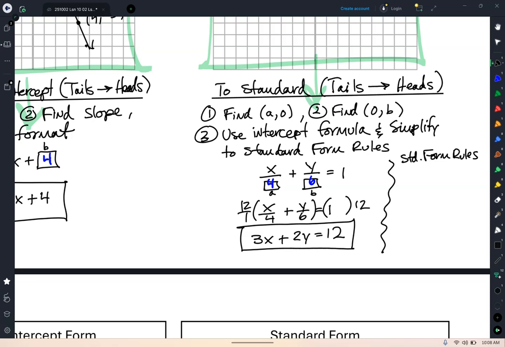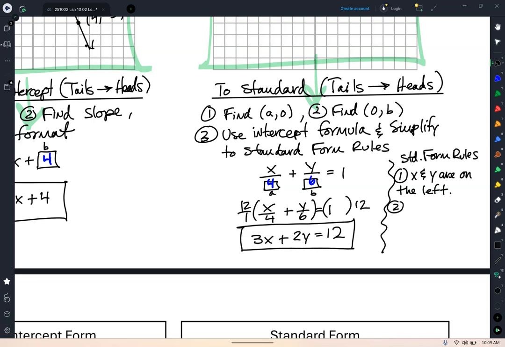Okay. Here are some standard form rules. These are what we call conventions, things that are sort of accepted about standard form. Number 1, x and y are on the left side of the equation.